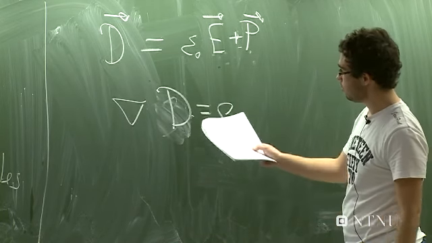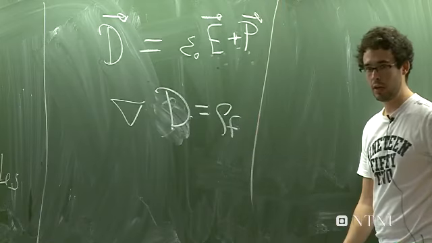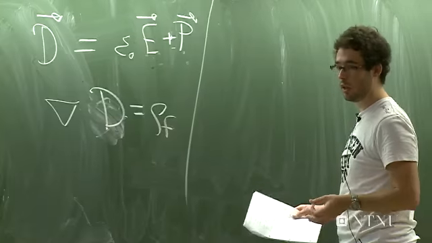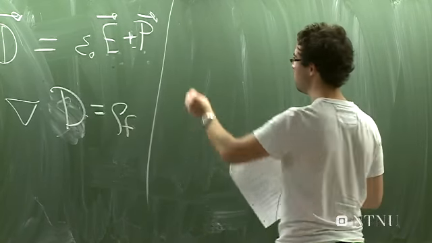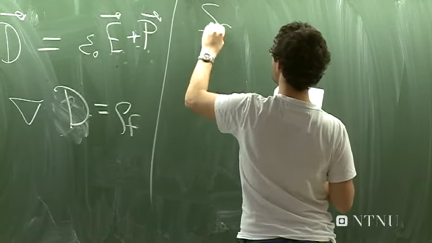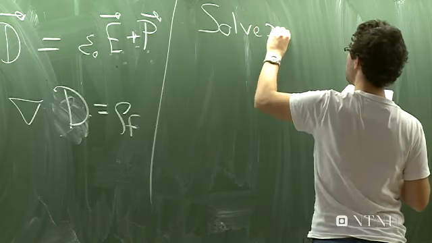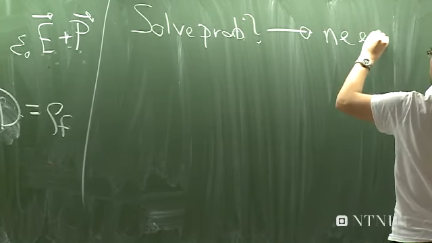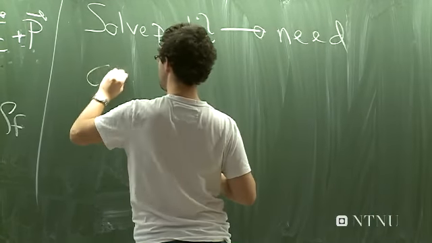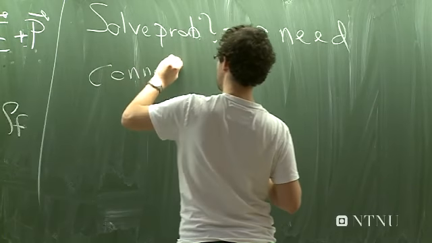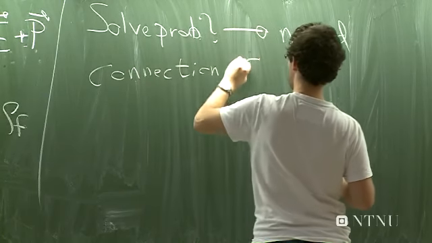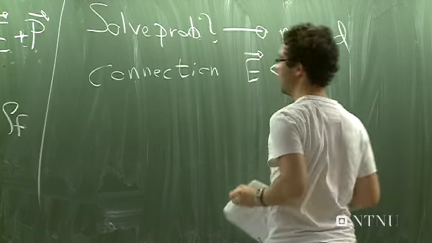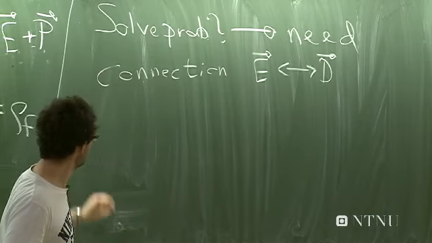To solve any electrostatic problem, we need some sort of connection between E and D, the electric field and the electric displacement field. This is called a constitutive relation.